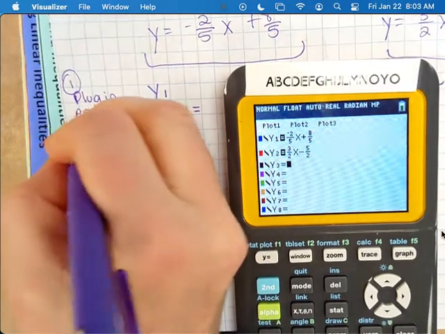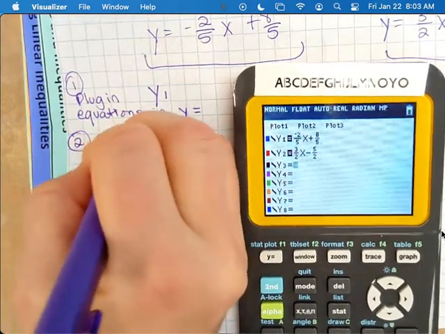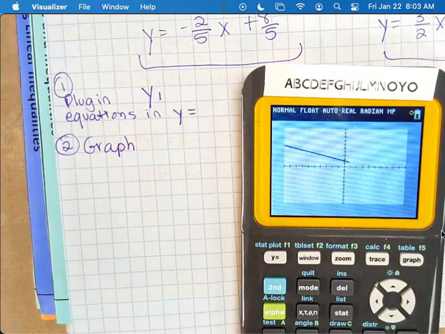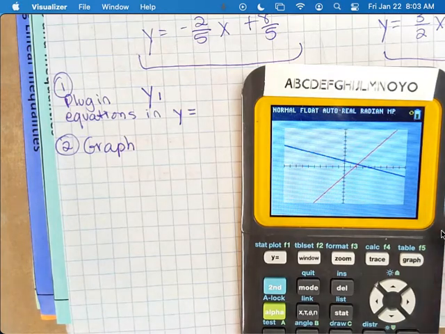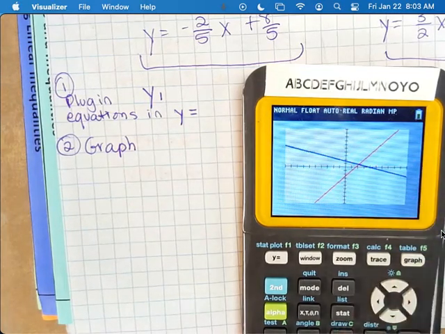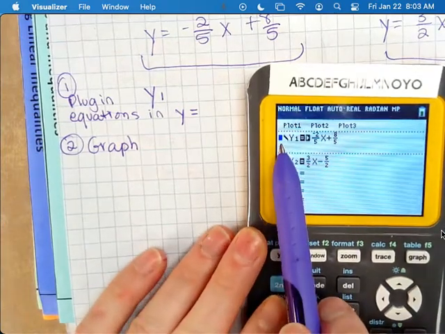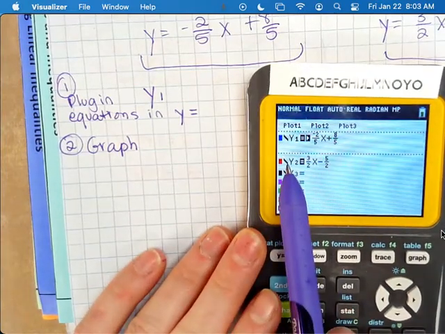Okay, step 2 is graph. So you should have two equations graphed on there. Okay, see how these correspond, the colors correspond. So the first one's blue. So if I look over here, see how that's blue? So that corresponds to the first one. Second one's red.